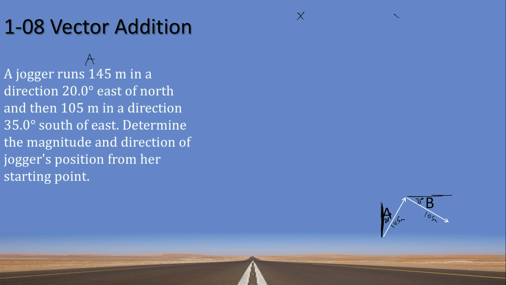So we'll make a table. So for A, the x component now is opposite the angle. Since the x component is opposite the angle, for the x we will use sine because it is opposite the angle of 20 degrees.